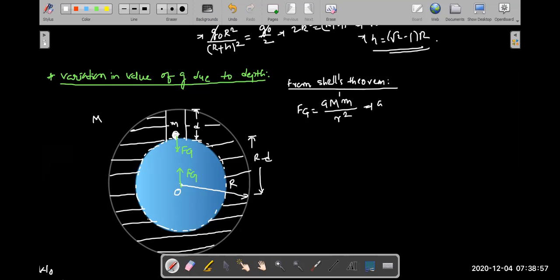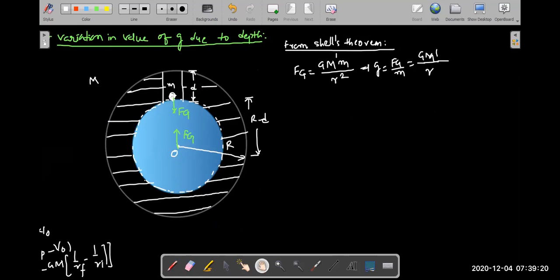So the value of g is equal to Fg by m, that will be equal to G M dash by R square. Here R is nothing but R minus d. As of now, leave it as a small r. Then we'll calculate the value of M dash. Now look here, the density of Earth is constant, right?